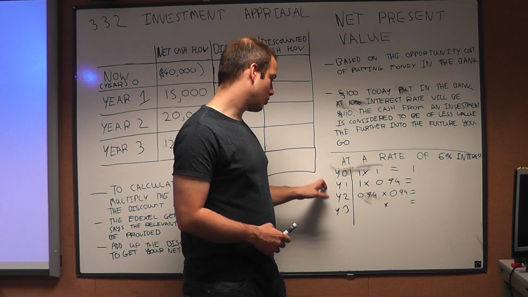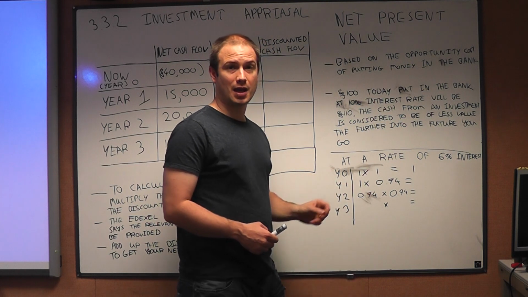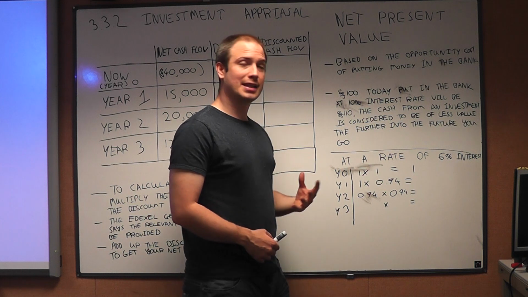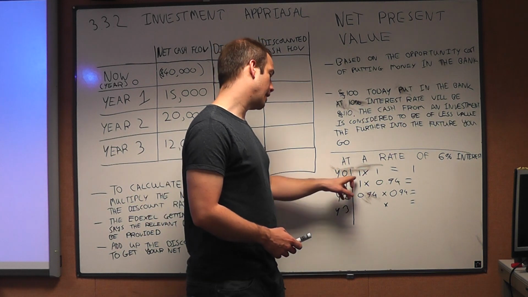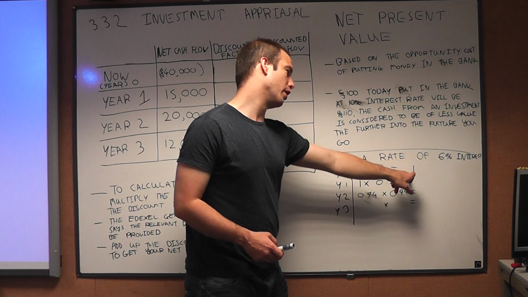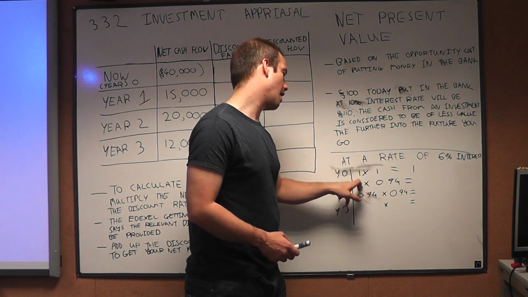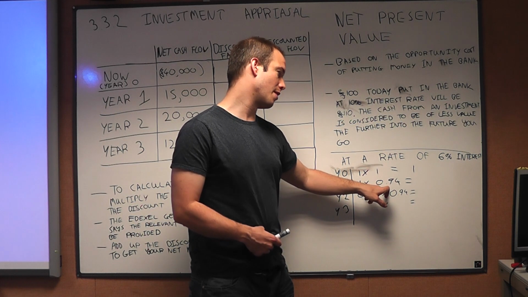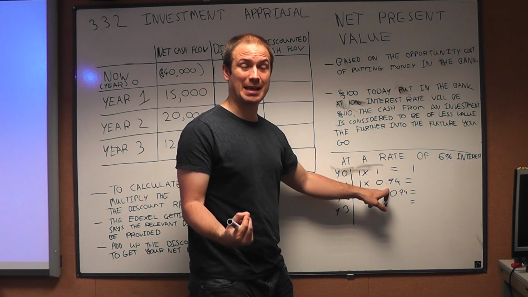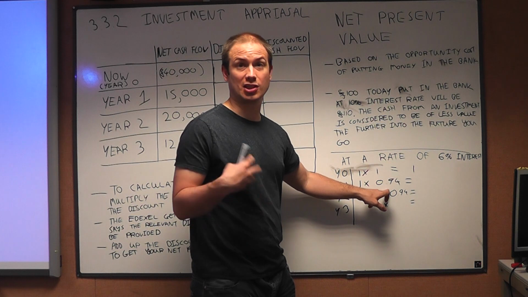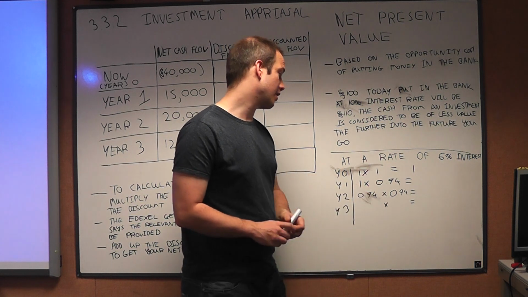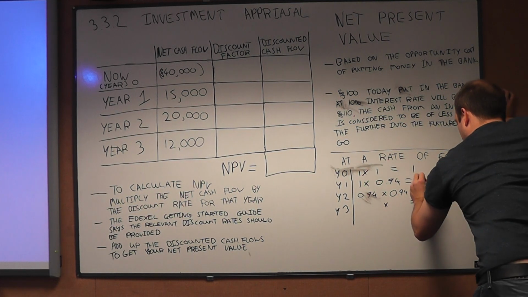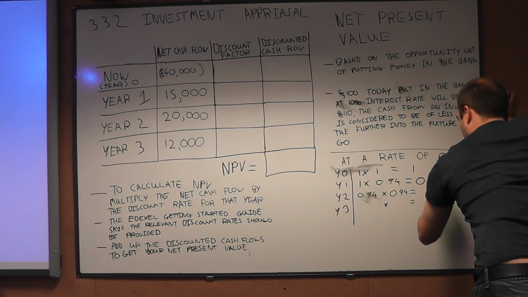For the second year, after 1 year, money has lost its value at a rate of 6%. So we need to multiply our value by 0.94. And that's because money only keeps 94% of its value because it's lost 6% of its value. So 1 times 0.94 is 0.94.